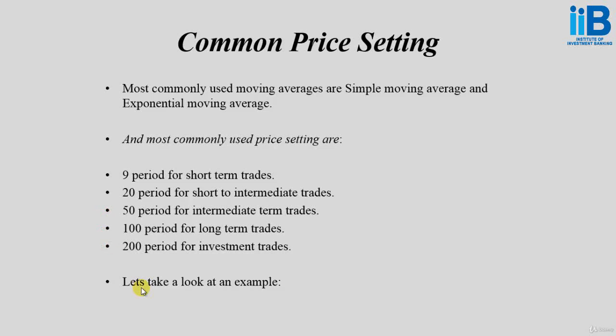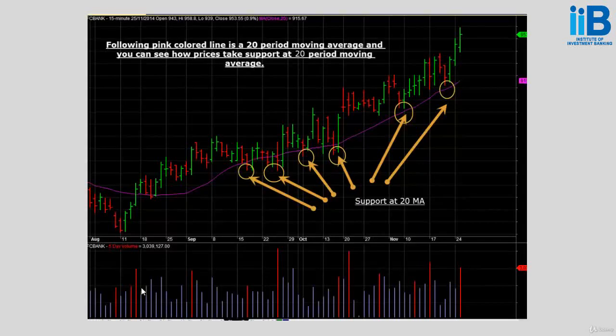Let's go ahead and take a look at an example. Following is an HDFC Bank chart. It's a daily chart covering data from the month of August 2004 to November 2014. The pink colored line is a 20-day moving average of close.